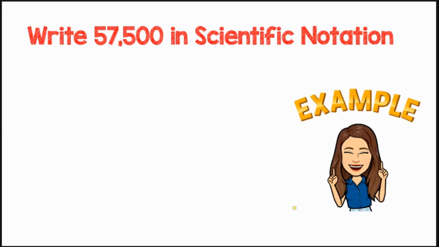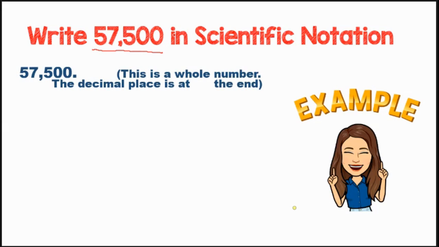Okay, so as I've mentioned earlier, we are going to write the number 57,500 in scientific notation. So it is in decimals. It is a relatively large number. So we expect a power that is positive. Let's see. So since 57,500 is a whole number, let's locate its decimal point. Its decimal point is in the end, after the last digit 0.